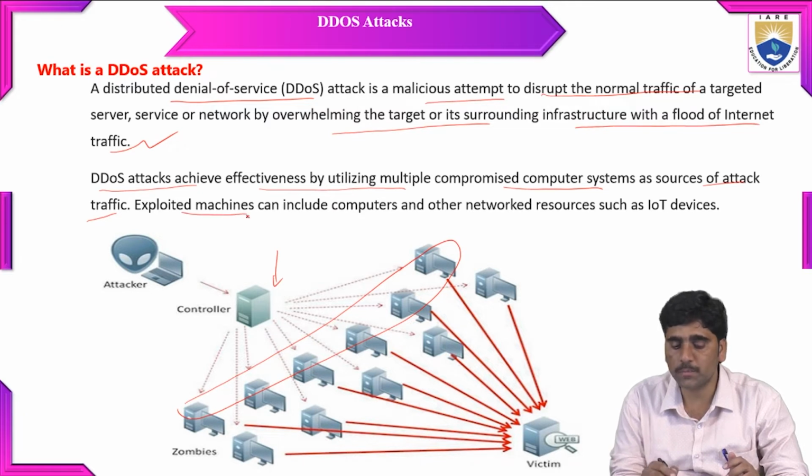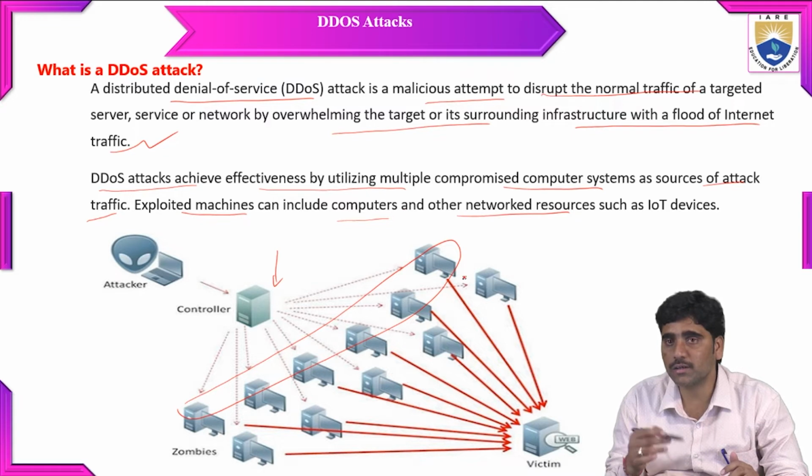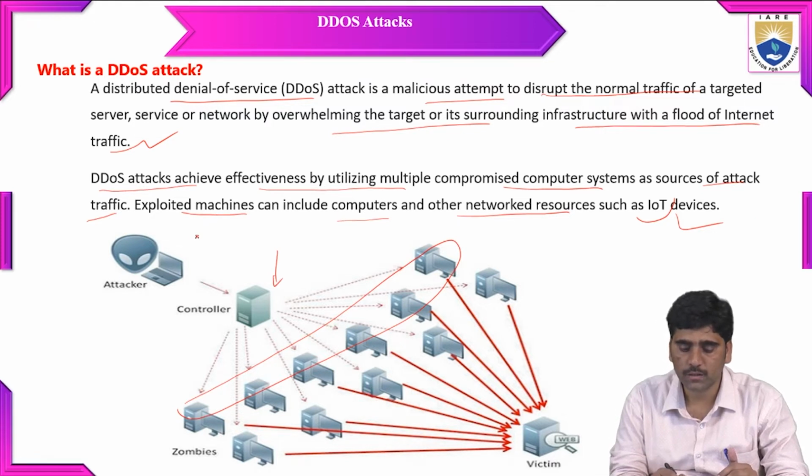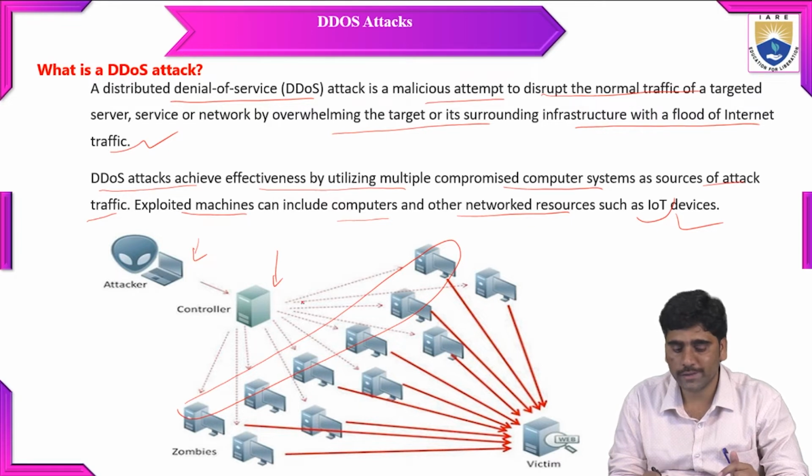Exploited machines can include computers and other networked resources such as IoT devices. From this diagram we have to understand that the attacker attacks the targeted machine with the botnet. This is the botnet server, and it contains the compromised systems.